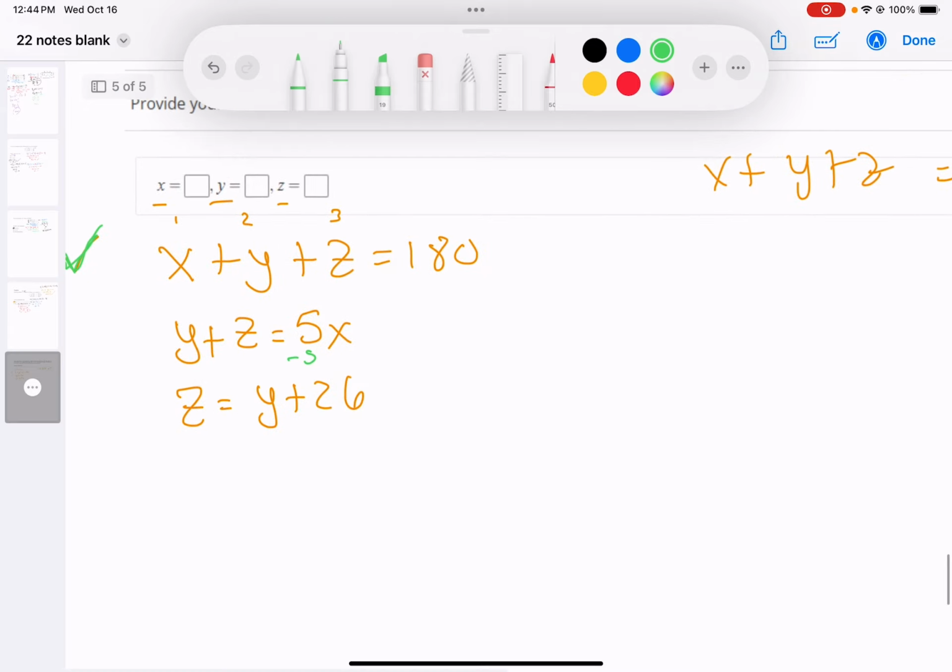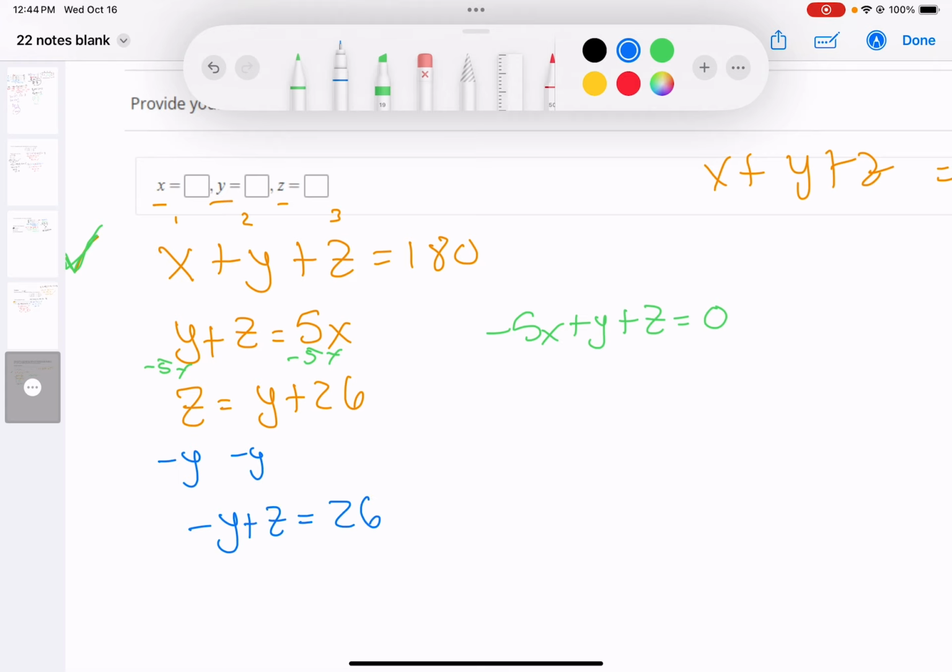So I'm going to subtract 5x, so I've got negative 5x plus y plus z equals 0. It's okay for it to equal 0. It's great. Okay, this last one, I'm going to subtract y, and I'm going to leave the 26. So I've got negative y plus z equals 26. I want that constant out on that right-hand side.